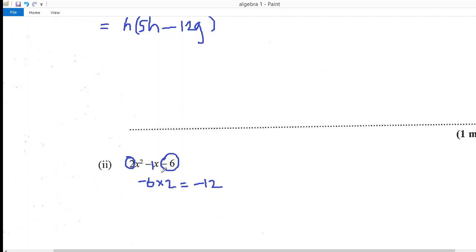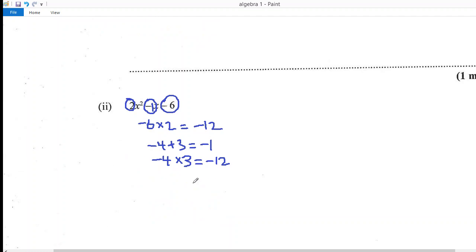And the coefficient of x is negative 1 here. And we want to find two numbers that add up to give negative 1 and multiply to give negative 12. Our two numbers by trial and error are negative 4 and positive 3.